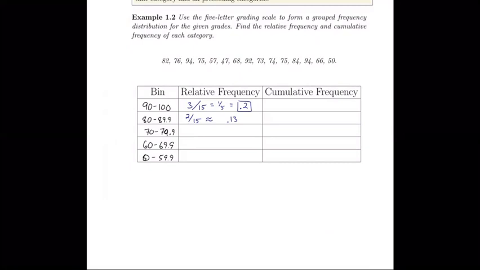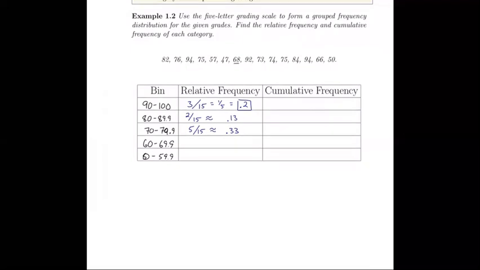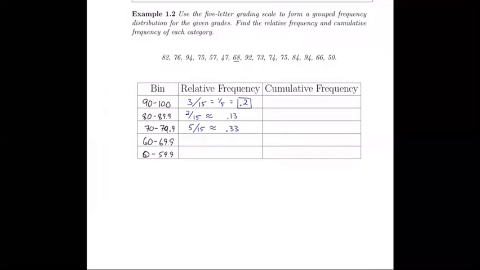70 to 79, there are 1, 2, 3, 4, oh, 5 70-somethings on this list. So 5 out of 15 is 1 out of 3, and that's approximately 0.33 using wavy equal signs, wavy equal signs to indicate approximately equal. 60 to 69 is, here's a 68, so that's 1 and 2.